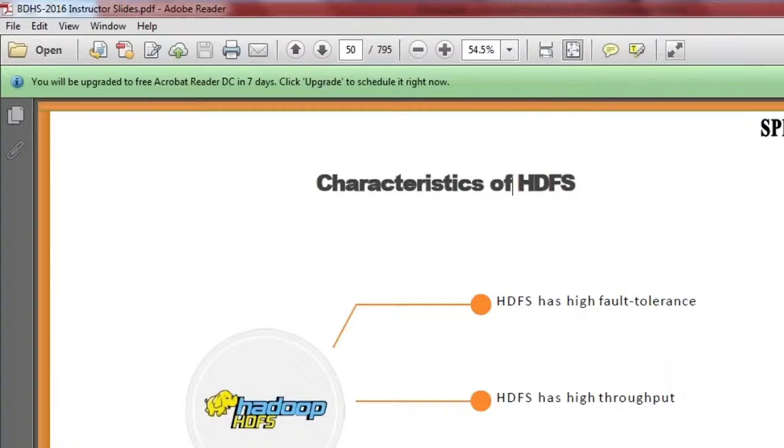The second thing is about economics and fault tolerance. Economics is definitely there, because your hardware cost is reduced. Reliability we just discussed, and scalability and fault tolerance are all related.